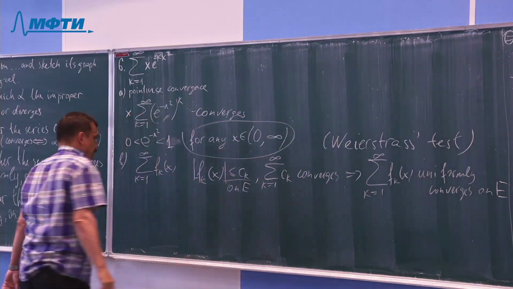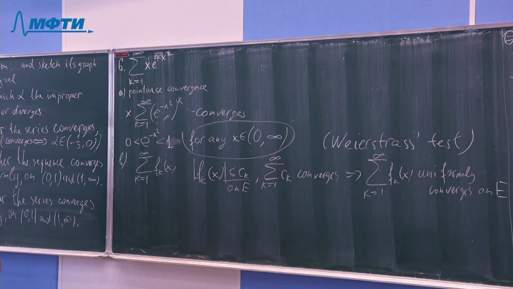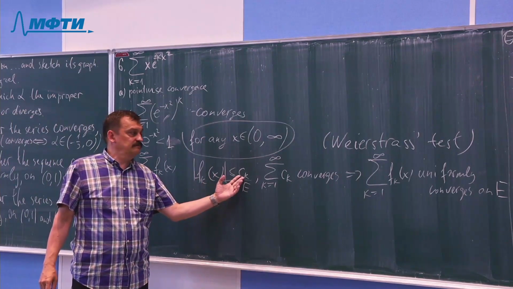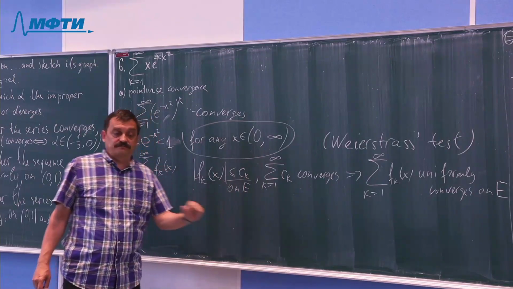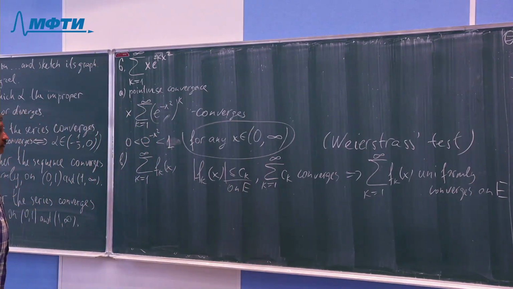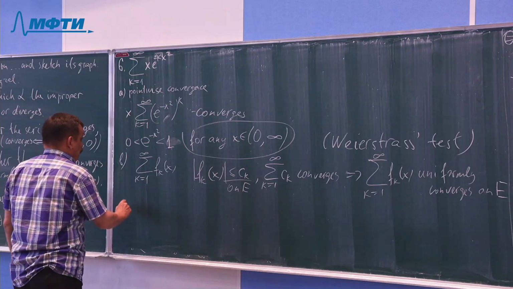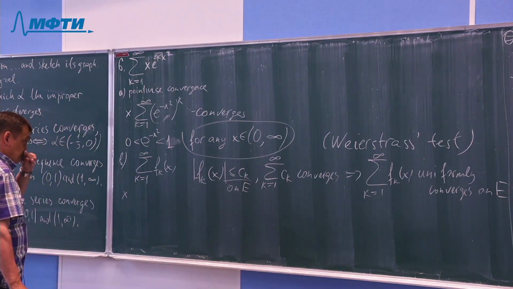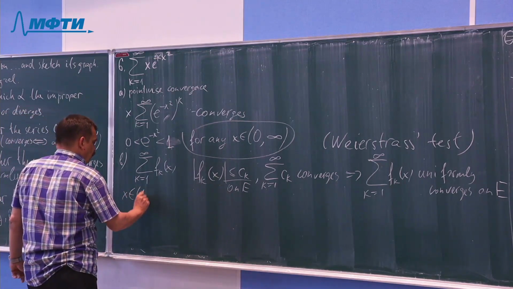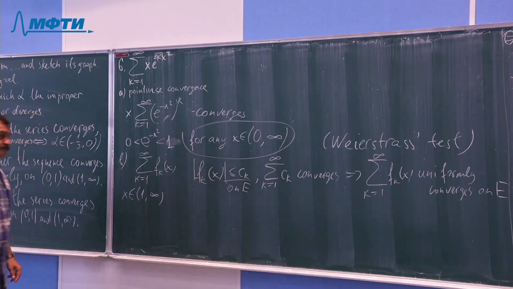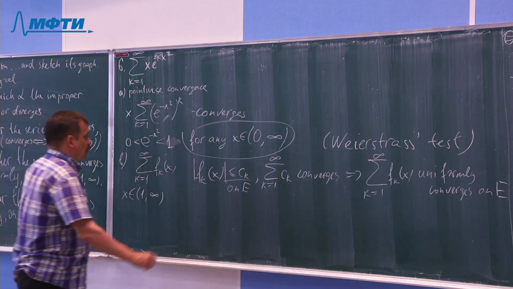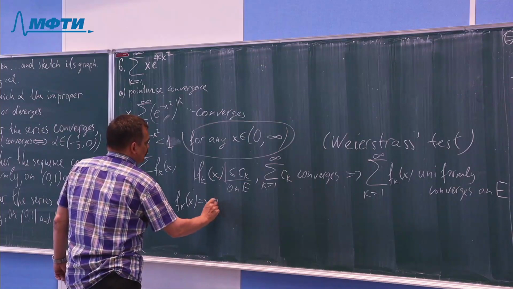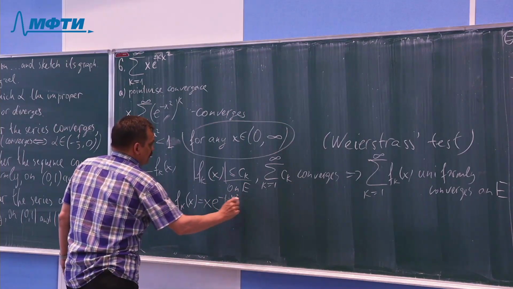Weierstrass test. So we need to find suitable constants such that this series converges. Okay, look, let us study, for x from 1 up to infinity, f_k(x) equal to x times e to the power minus kx squared.